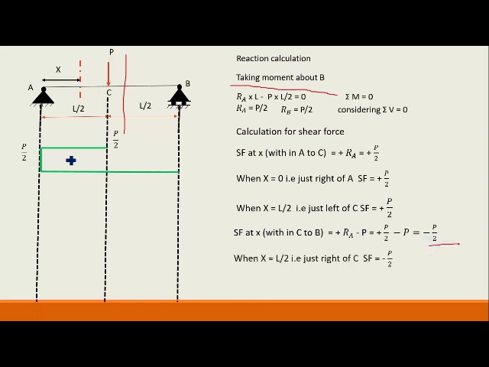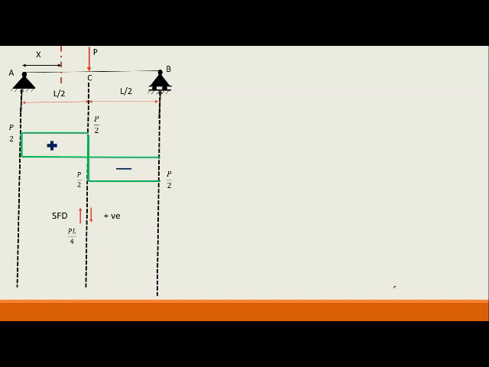So at x equal to L by 2, just right of C is minus P by 2. And at x equal to L, just left of B, when we are considering it just right of B, this P is considered, and just left of B, it is again P by 2. So minus P by 2 up to B, it is negative. So this is as per the sign convention.